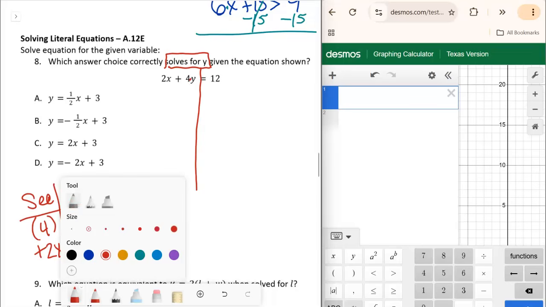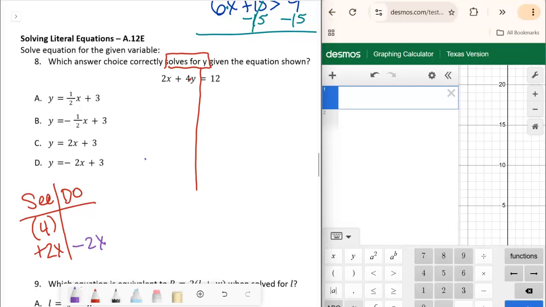So the first thing we're going to do is to subtract 2x from both sides. So we're going to get rid of that one by subtracting 2x. Bring down the 4y equals, and then read it. It's 12 minus 2x, so I'm going to write down 12 minus 2x.